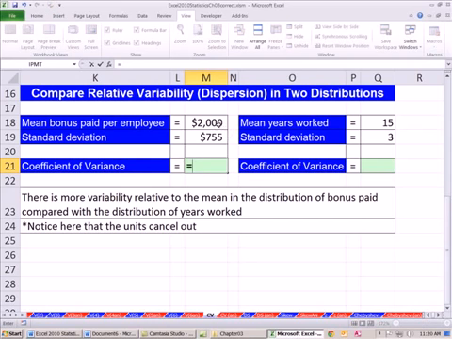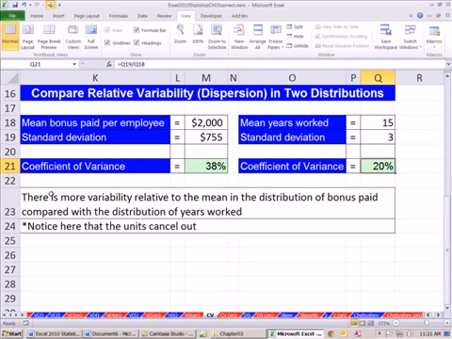We're going to take standard deviation divided by our mean, 38%. And here it would be standard deviation divided by our mean. So which of these 2 data sets has more coefficient of variance, which is really our measure of variation?